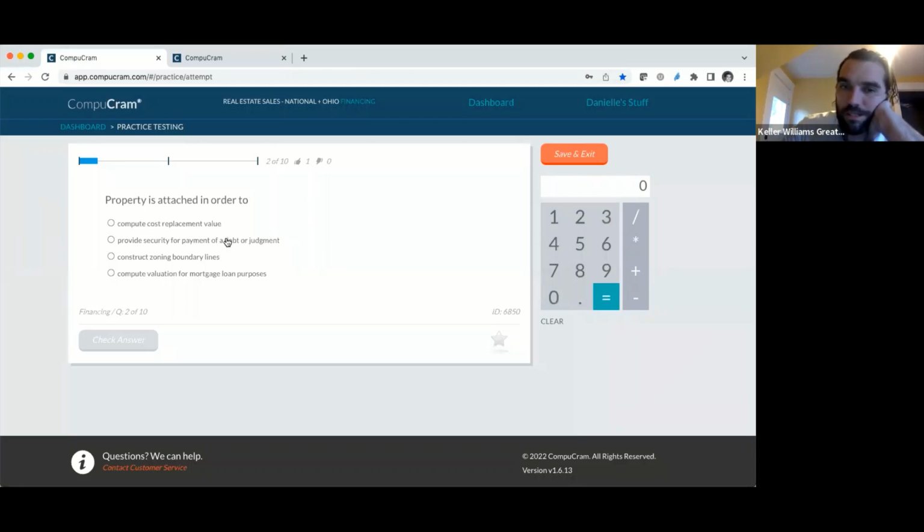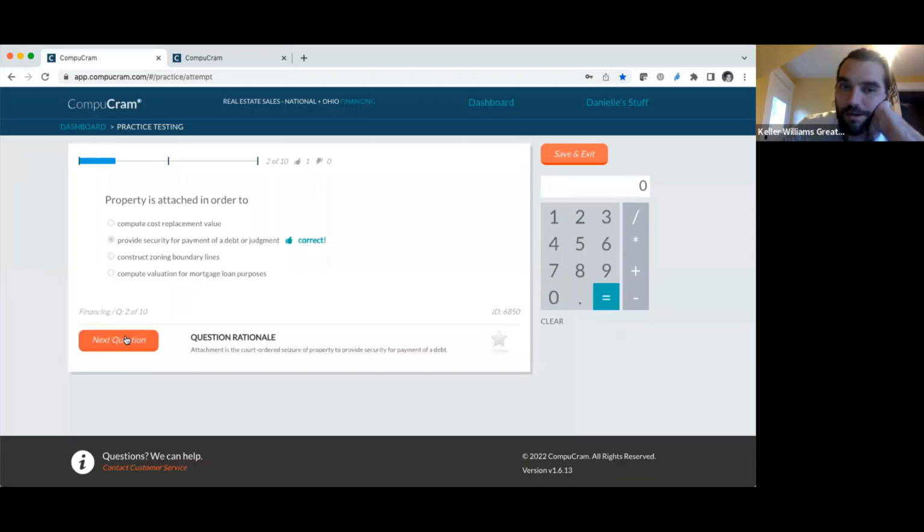B's seem to be the predominant answer here, and that's correct. Attachment is court-ordered seizure of property to provide security as payment for debt.